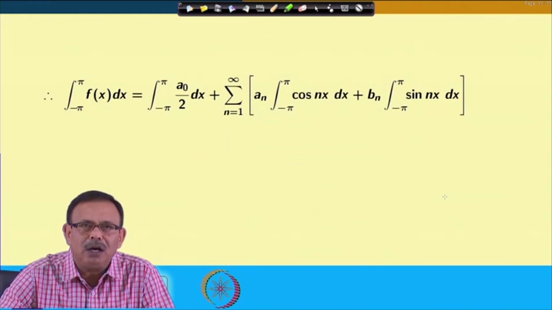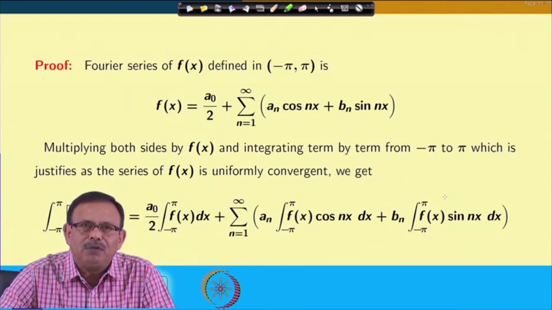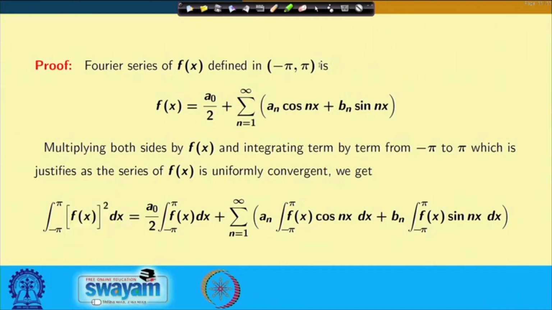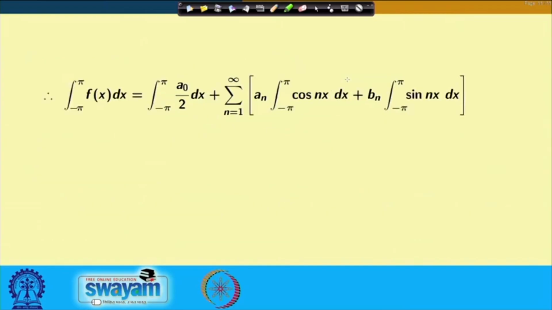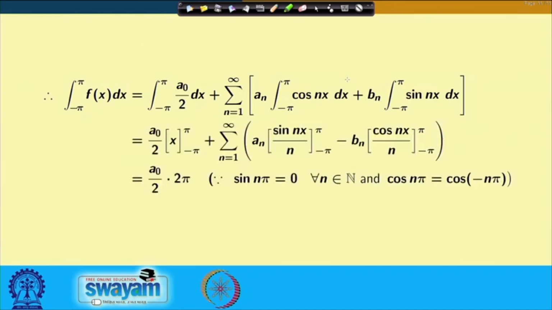These three values I will try to find out, and I will put them in the given equation as we have shown earlier. So, the integral from minus pi to pi of f x dx, where can I obtain this value from? From this equation: if I integrate from minus pi to pi the original equation, f x equals a 0 by 2 plus summation n equals 1 to infinity of a n cos n x plus b n sin n x, the value will be a 0 by 2 into 2 pi.